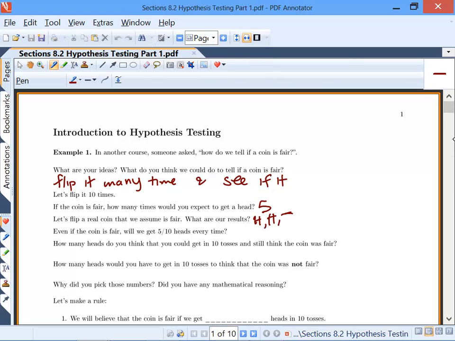Okay, can you tell me what the sequence was? Head, head, head, tail, head, tail, head, head, head, head. Is that correct? Okay.